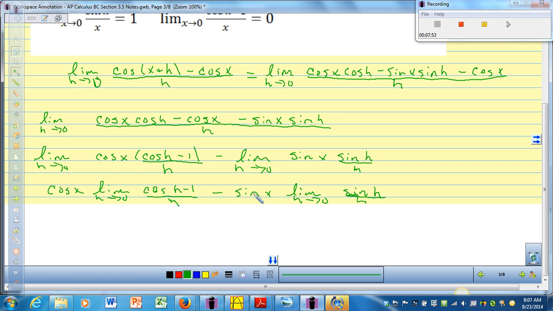Again, I can pull out the sine x and the cosine x in front because our variable is h in this limit problem. So the cosine x can be treated like a constant, and the sine x can be treated like a constant. This limit goes to what? 0 minus sine x times what? Times 1. So the derivative of cosine is negative sine.